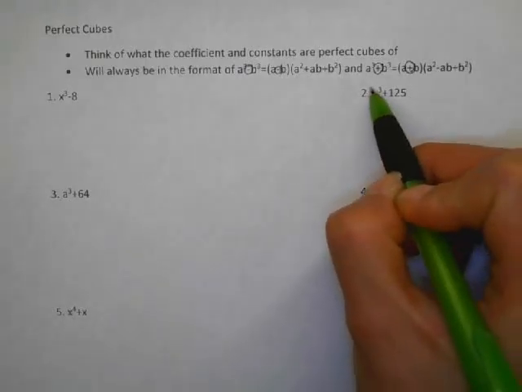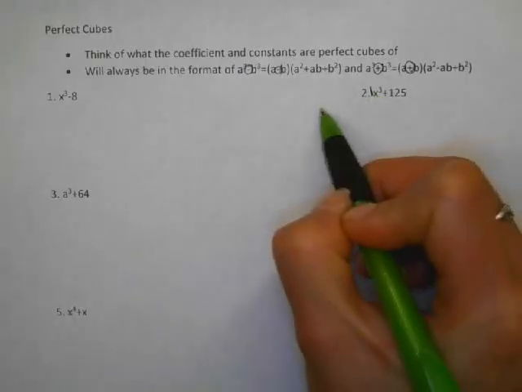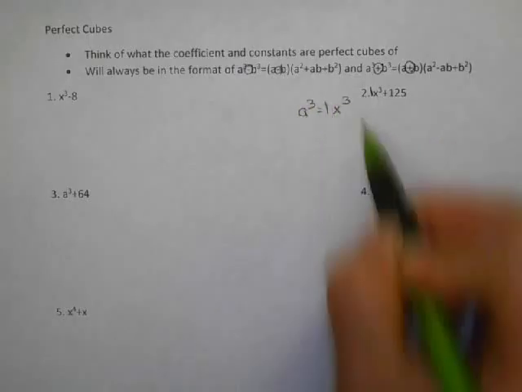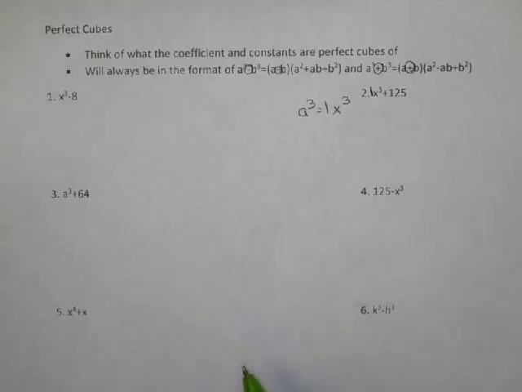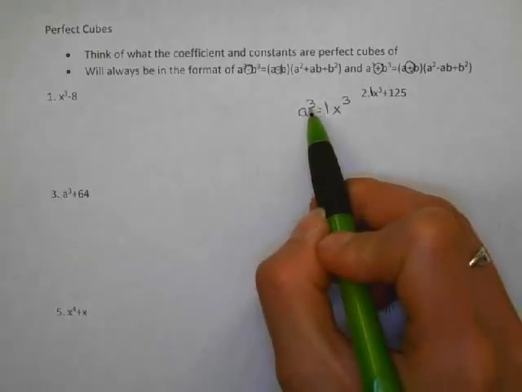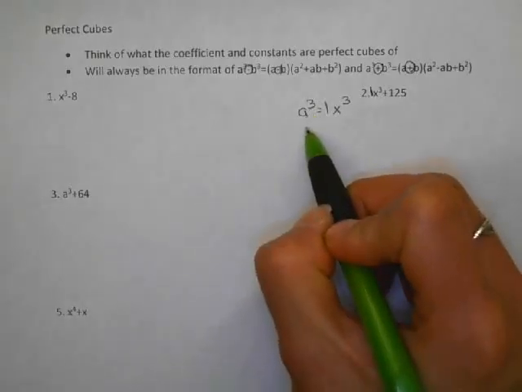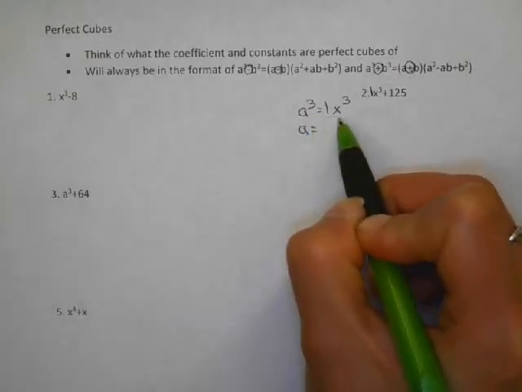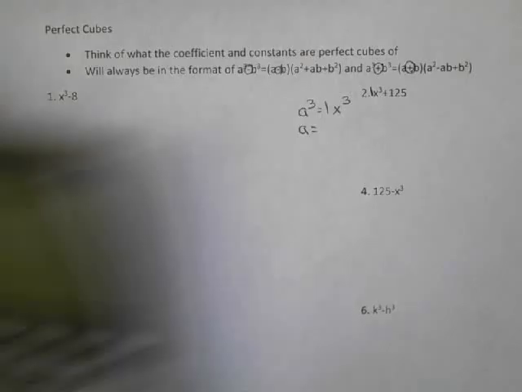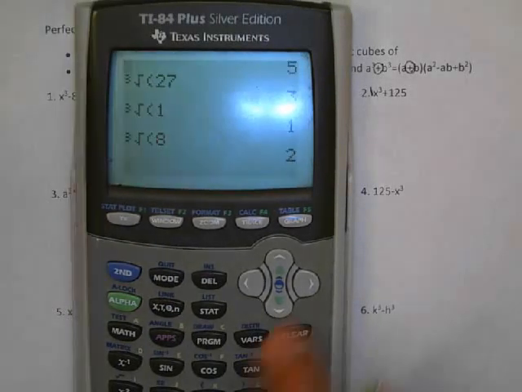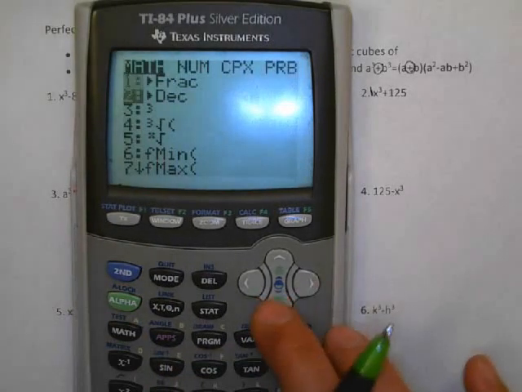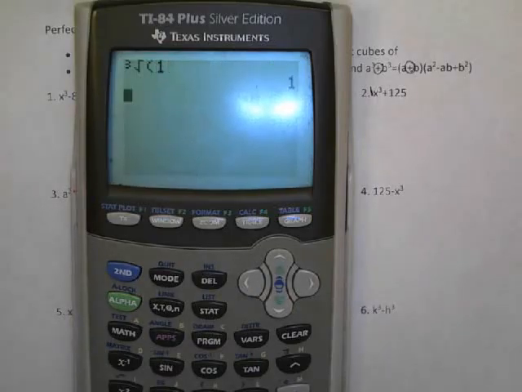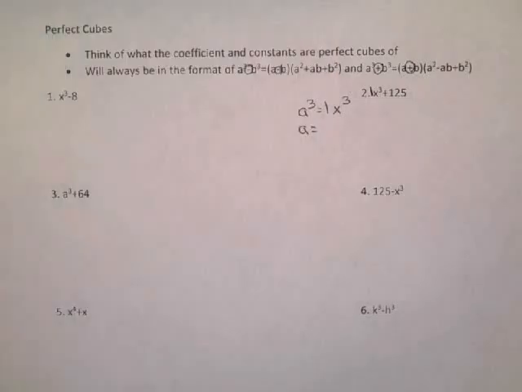So my first coefficient here is 1, so I have a cubed equals 1x cubed. Well, in order to get a cubed and I want to get regular a, that means I have to take the cube root of a cubed here. So the cube root of 1, if we go to our calculators, you're going to hit math and go down to option 4, that's a cube root, and 1 is what we're looking for, so it's just 1.